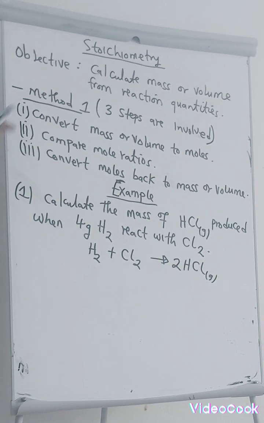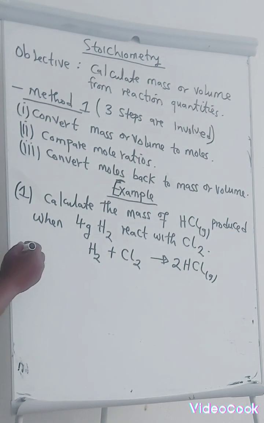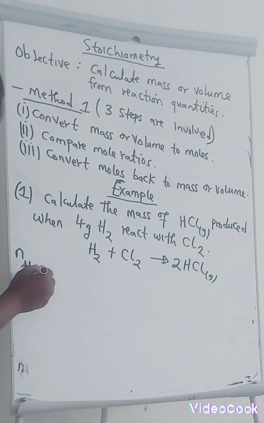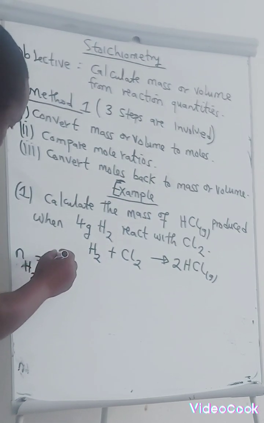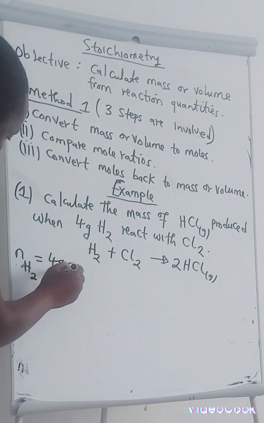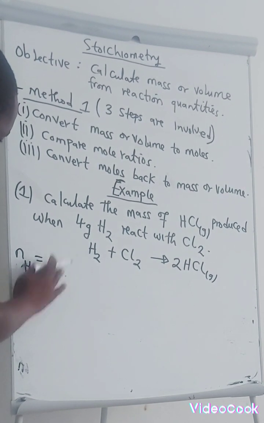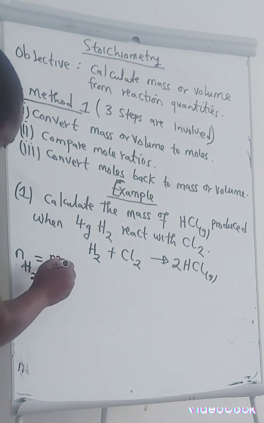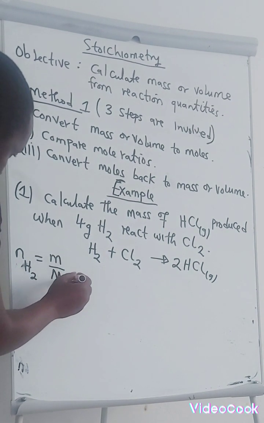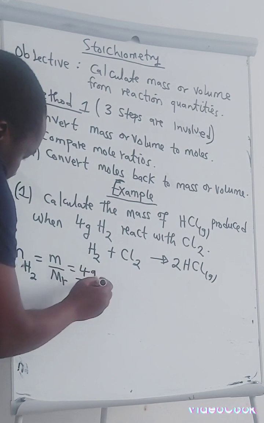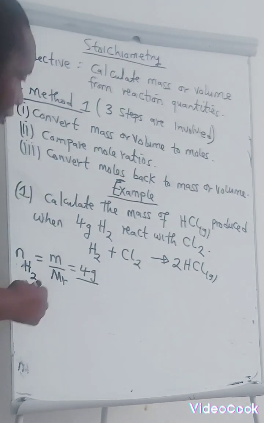Then we go from here. Number of moles of hydrogen is mass over Mr, which is 4 grams divided by Mr of hydrogen.